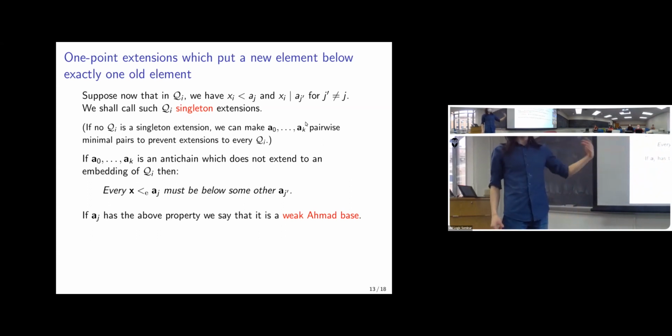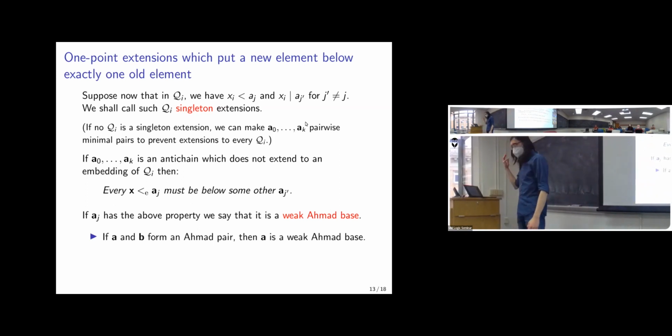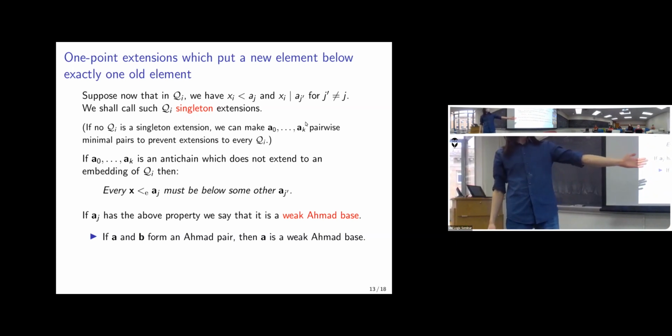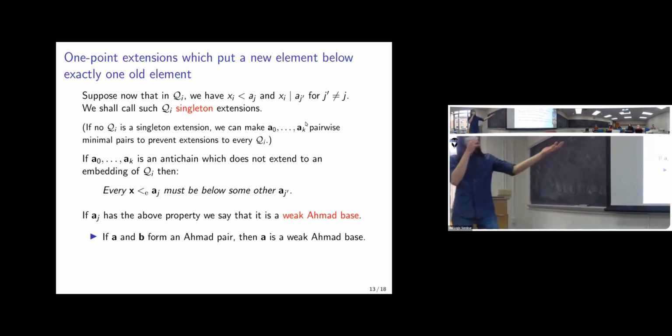So this is a more general notion. If aj has such a property, then we say that it's a weak Ahmad base. A special case comes from Ahmad pairs. If A and B form an Ahmad pair, then A is a weak Ahmad base. It's just an example, which is just shuffling the definitions.